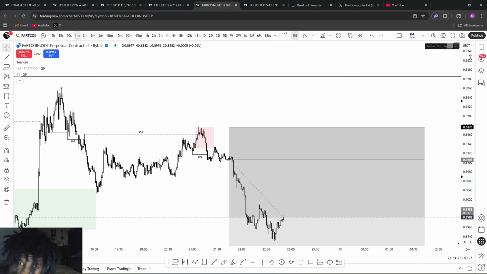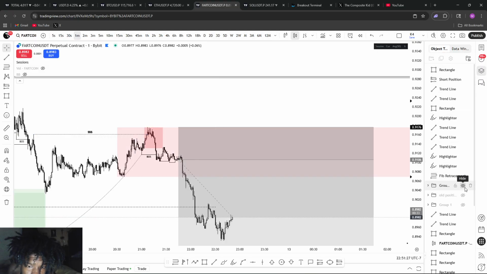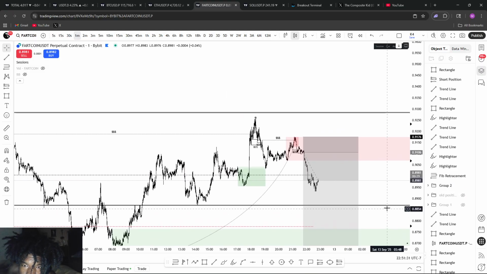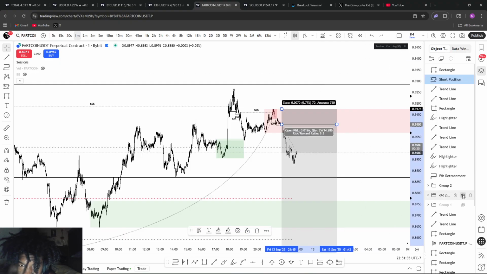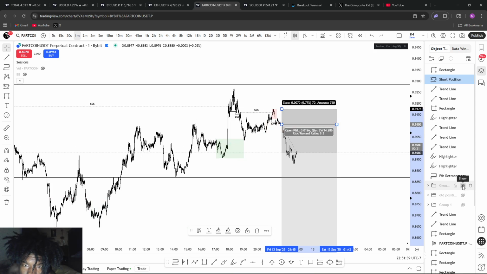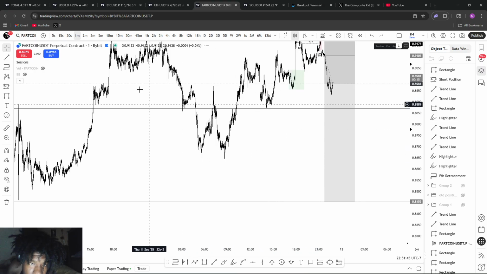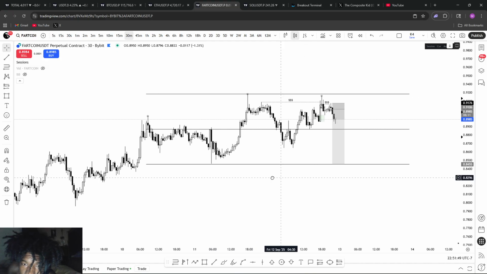I just saved my position so I can show y'all actually where I entered. Okay, I don't know what happened to my position, but basically, yeah, that's the setup, and that's the reason I entered the trade. I got my confirmation.